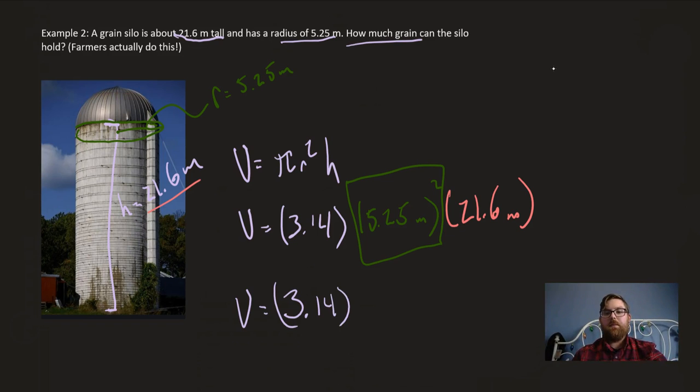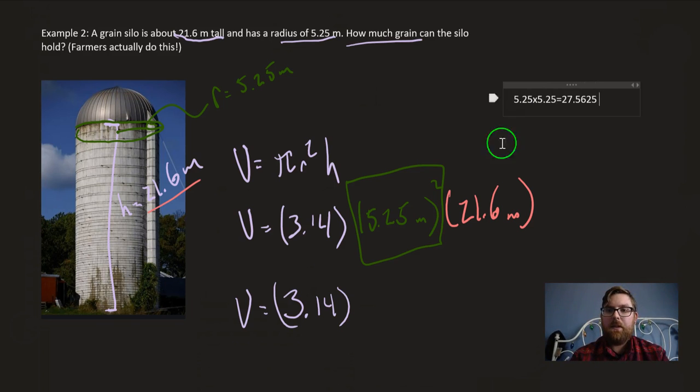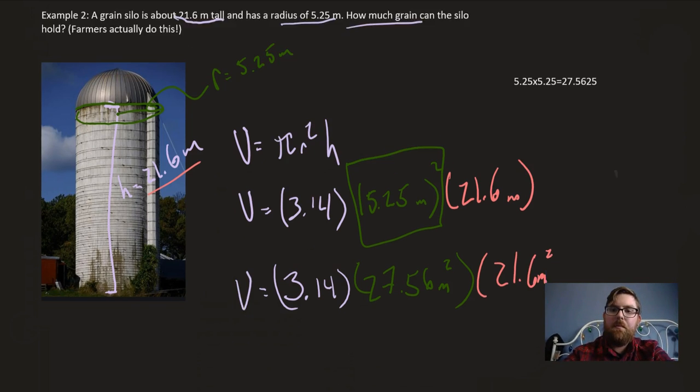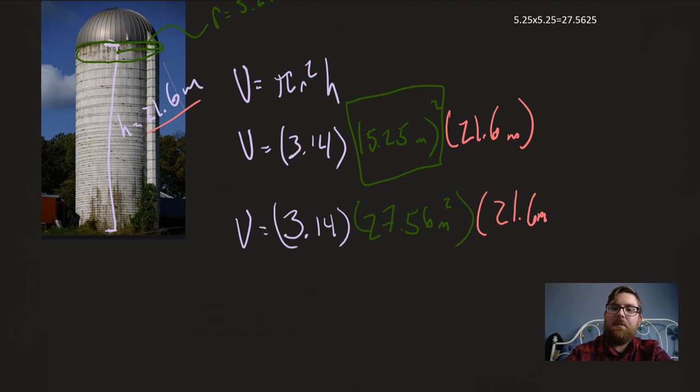So 3.14, and here I'm just going to put 5.25 times 5.25, and it equals 27.56 meters squared. And then finally we have our height. Nothing happened to it: 21.6 meters, not squared, just meters.